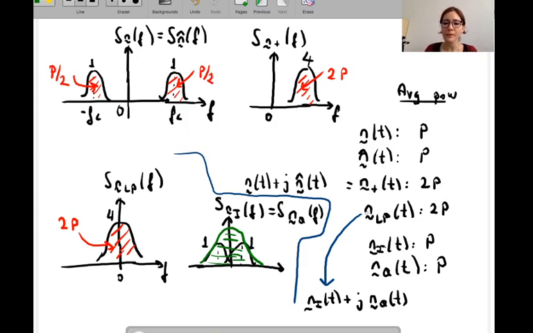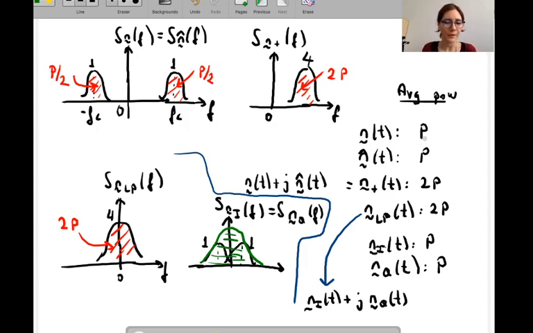But then n_LP has these composing parts, n_I and n_Q, whose power gets divided by two. Half of the power of n_LP goes to n_I and half goes to n_Q. So finally, n_I and n_Q end up having the same average power as the original process.